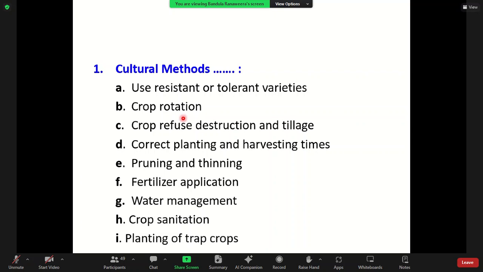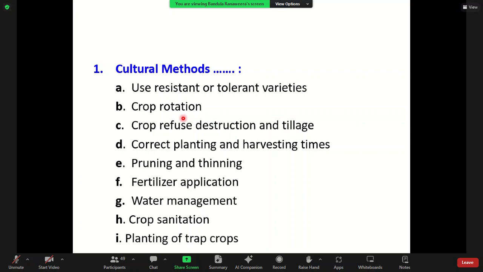So crop rotation: when there is a disease like bacterial wilt, it is difficult to control because the bacteria can live in the soil. But if we change our crop, rotate the crop... I think it is not necessary to talk about rotation now. If you can remember what we discussed about crop rotation, that would be better.